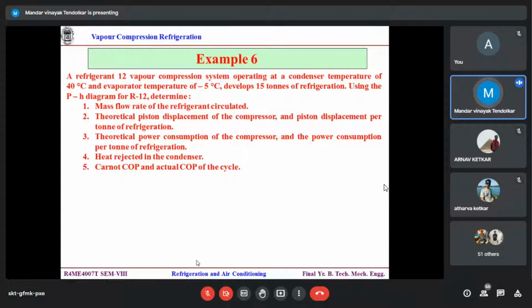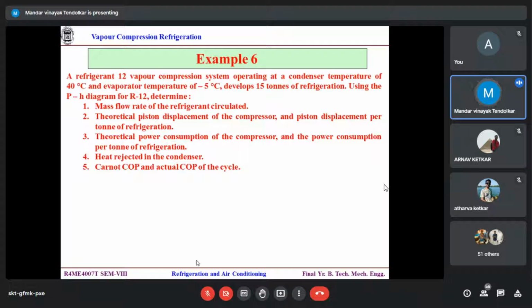Now if you observe the chart on the left hand side, the temperature lines are vertical. And once it passes inside the dome, it becomes horizontal, obviously, because it is a phase change process. Correct? So we will try to find out the intersection of the saturated liquid curve and the temperature line. I will show you that.